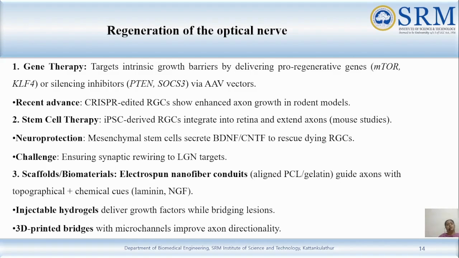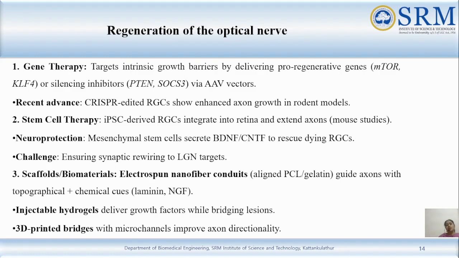Next, we can also use stem cell therapy, wherein induced pluripotent stem cells are derived from adult cells such as skin cells or fat cells, and they are reprogrammed to acquire stem cell-like characteristics. These are differentiated into RGCs, and they can integrate into the retina and help to extend the axons.